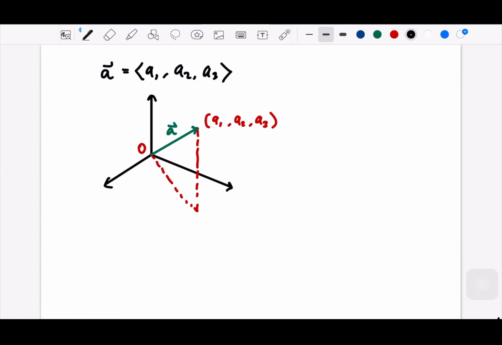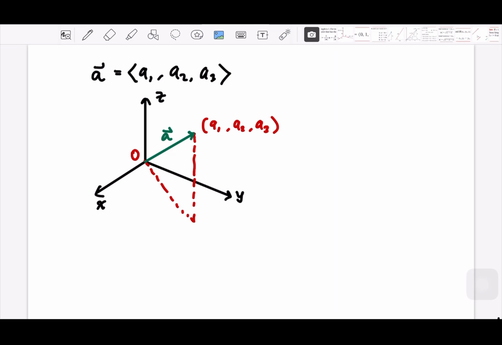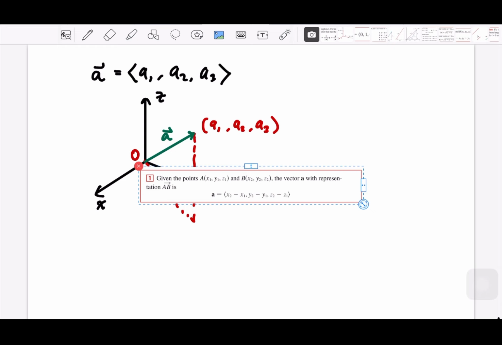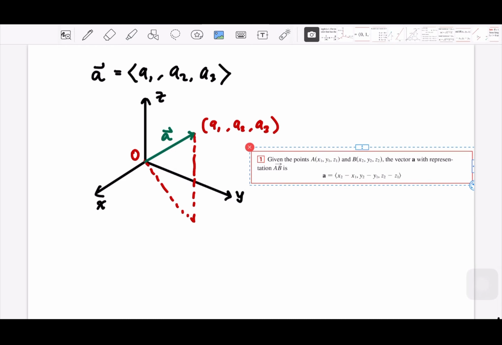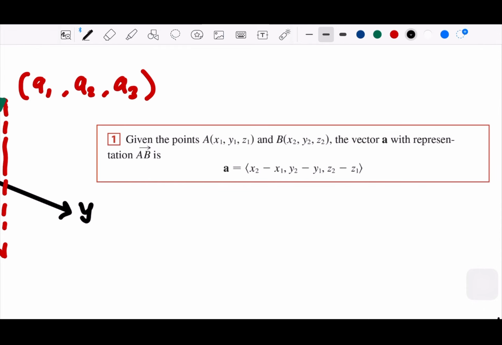So this is Z, X, and Y. We could make these points, if we take the points A and B with coordinates x1, y1, z1 and x2, y2, z2, then we can represent vector AB with the difference between those two points.